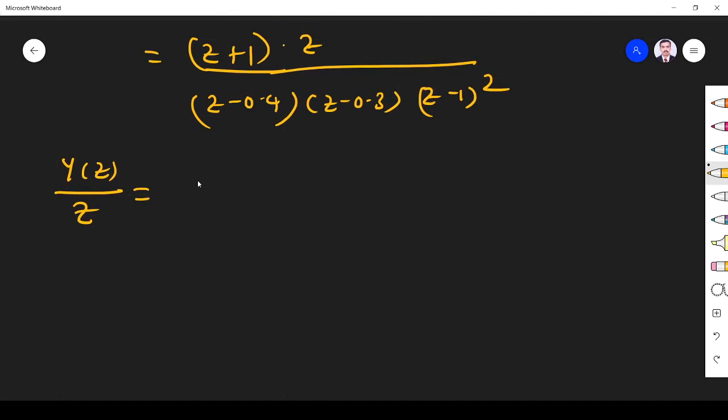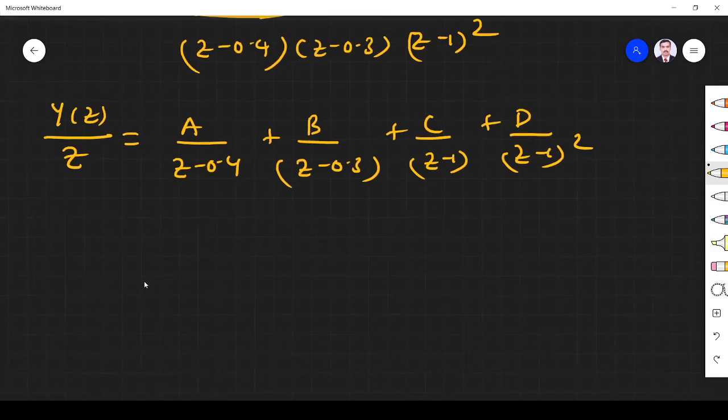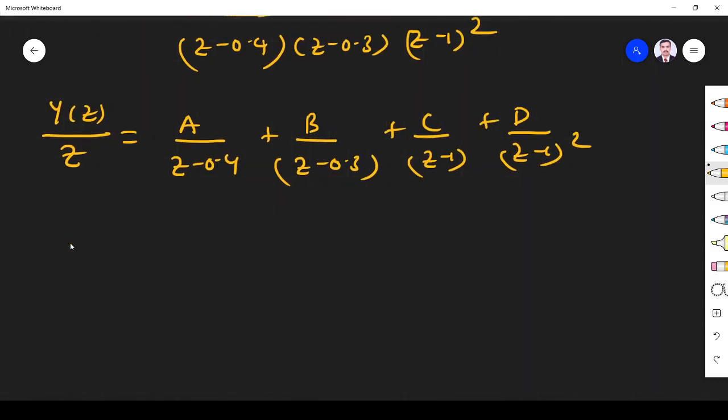I take partial fractions, so it will be A by (z minus 0.4) plus B by (z minus 0.3) plus C by (z minus 1) plus D by (z minus 1) whole square. Alright, so I will get this.